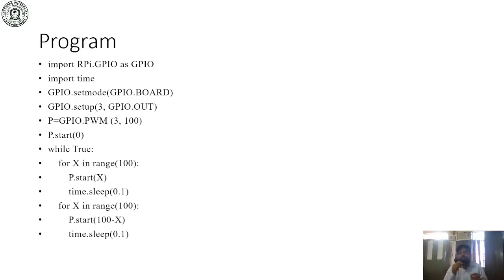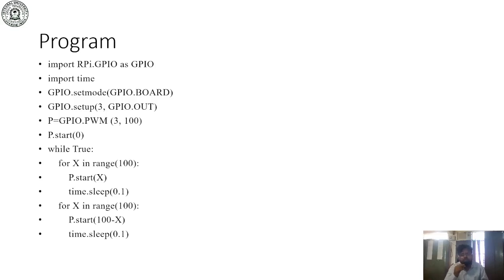If we are using the pins as board pins, we have to tell the Raspberry Pi that we are accessing the pins according to the board numbering, not the BCM numbering. So we have to set the mode of the Raspberry Pi, whether we are going for the board mode or the BCM mode.